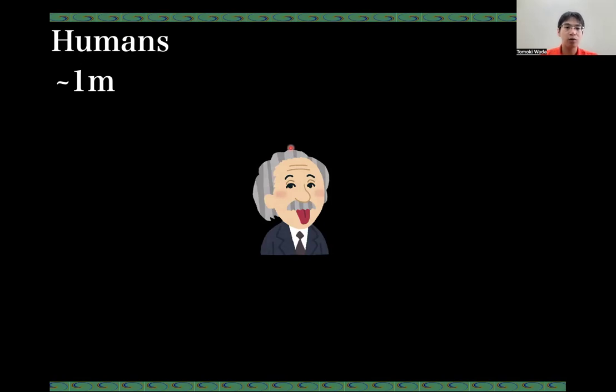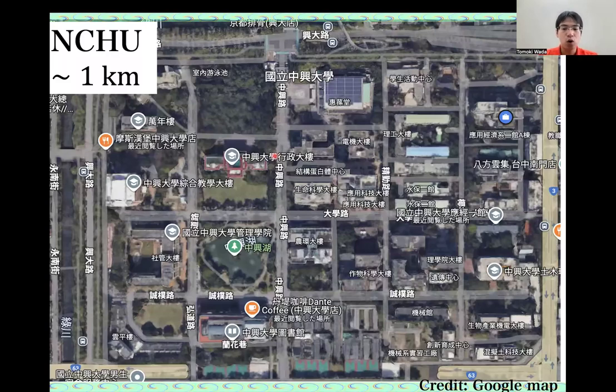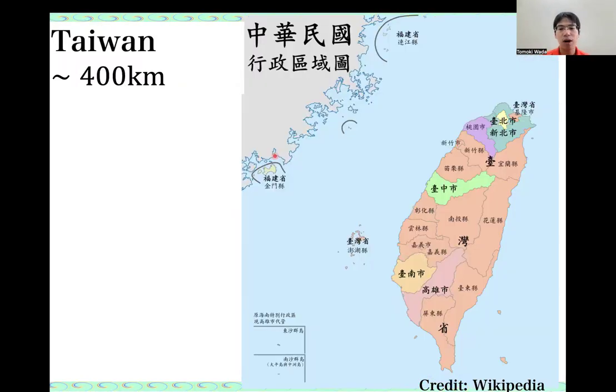Okay, let's zoom out from humans. Here I show Google map of NCHU. The size of NCHU is typically about 1 kilometer or so. And let's zoom out from this NCHU. Then we find Taiwan.